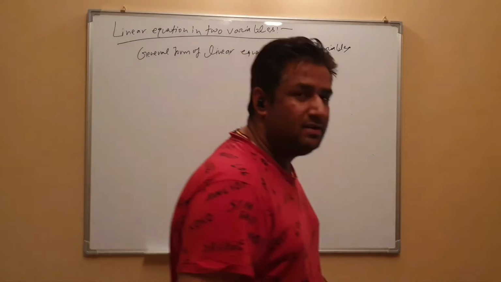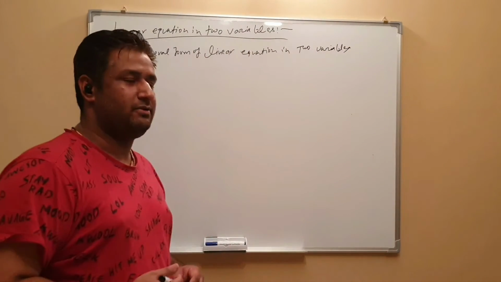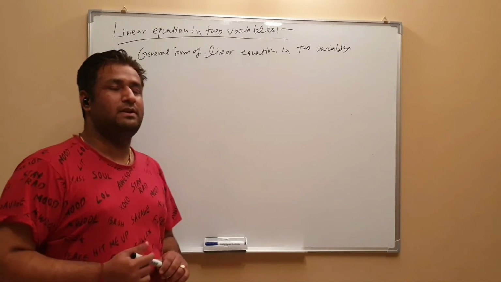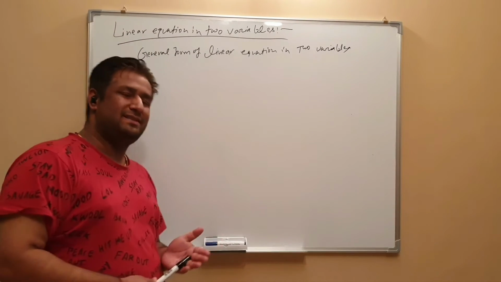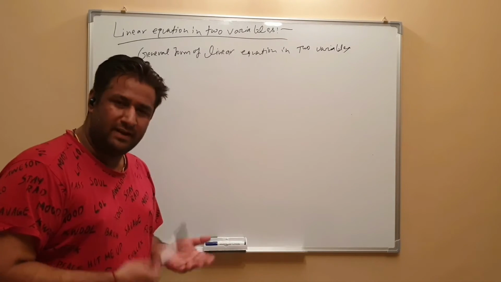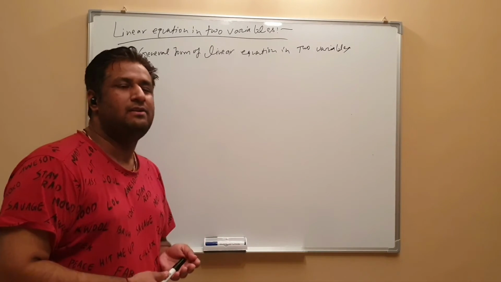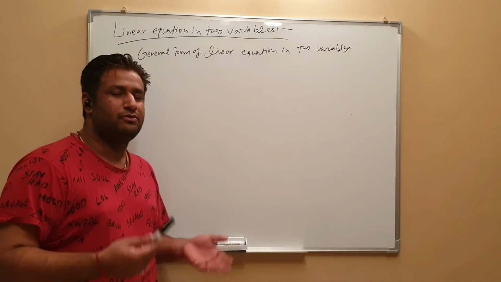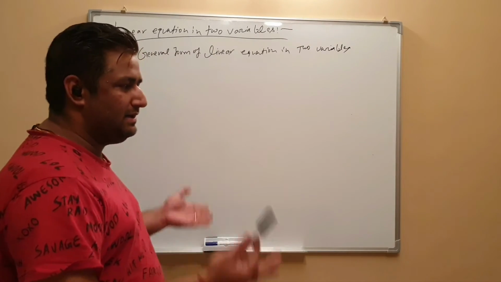Okay, now how do we solve a given linear equation? Now, finding the solution of a given linear equation. As I told you, finding the solution means finding the values of the variables. So once you find the values of the variables, that means you have found the solution of that given linear equation.